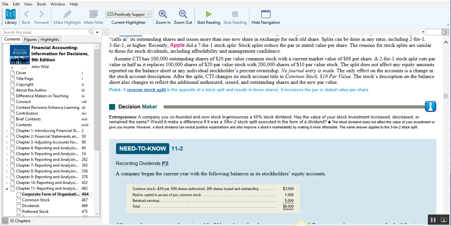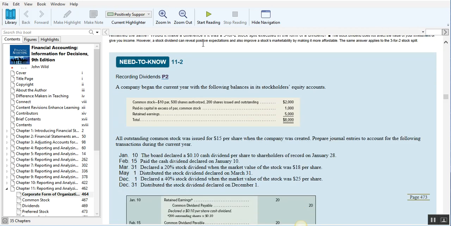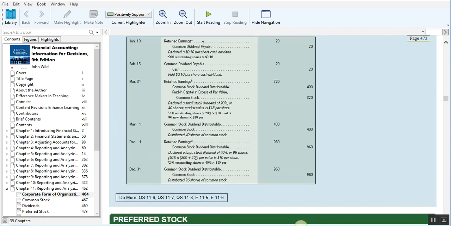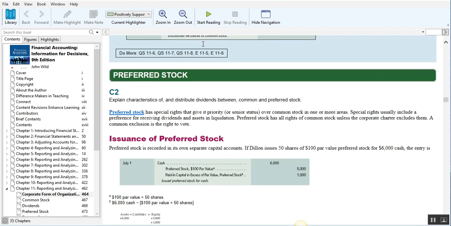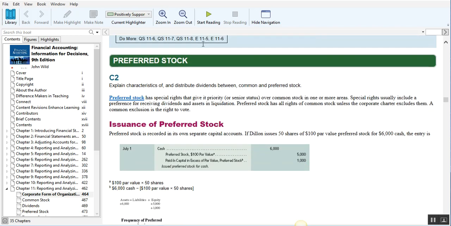They use Apple as an example here, and if you've ever looked at their shares of stock, you'll know that their values have traditionally been high. And so that may be the reason they did a 7-for-1 stock split.